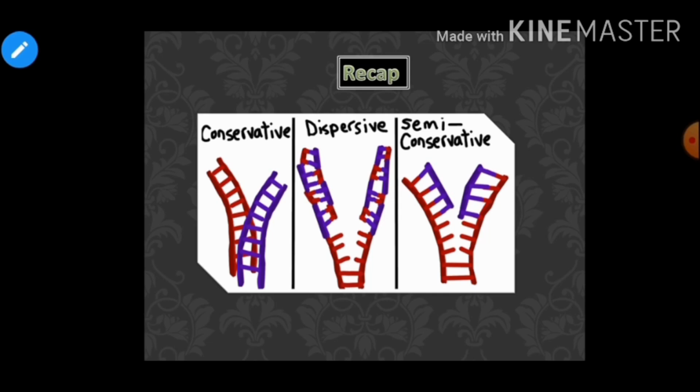What happens in semi-conservative DNA replication? Because DNA is a double-stranded structure, a single strand acts as the template, the parental strand.